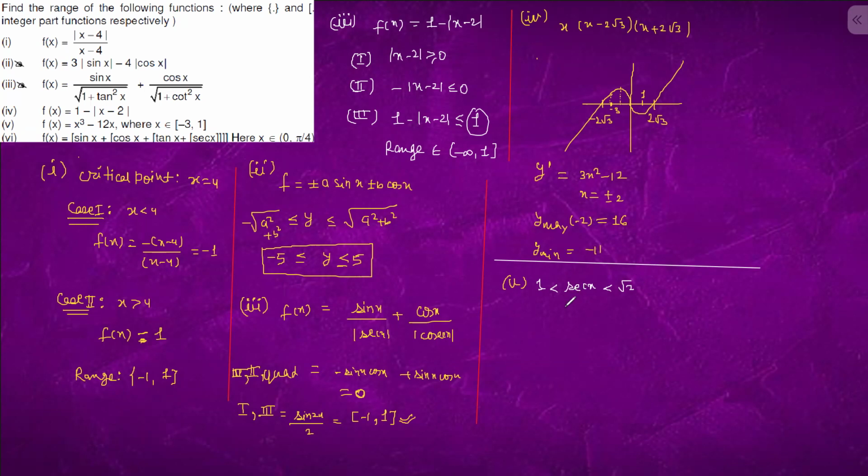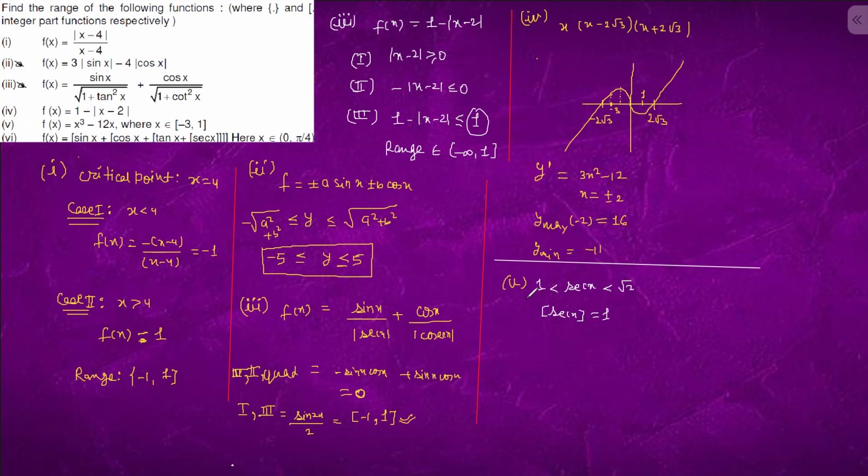So the greatest integer of sec x, between 1 to 1.4, is 1 because it is more than 1 and less than 1.4.